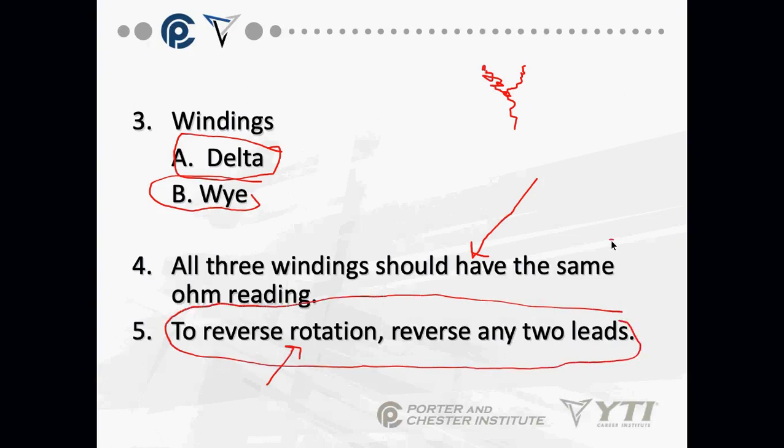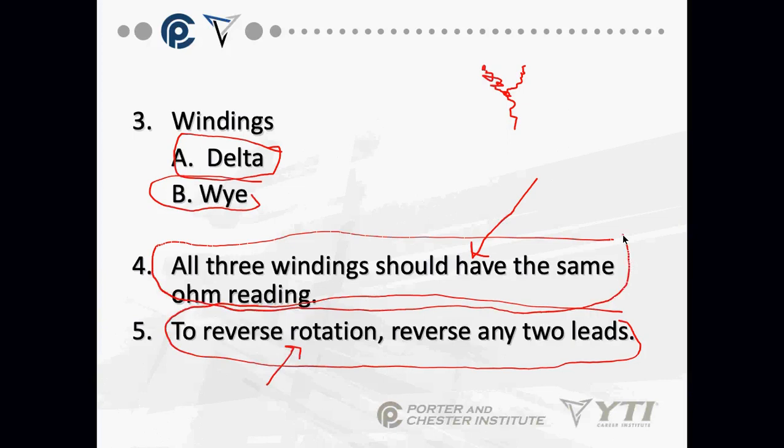Actually, both of these points are very possible test questions because it's so important. In a 3-phase motor, all the windings have the same ohm reading. To reverse rotation, if your motor's running backwards, reverse any of the 2 leads. That's the importance.